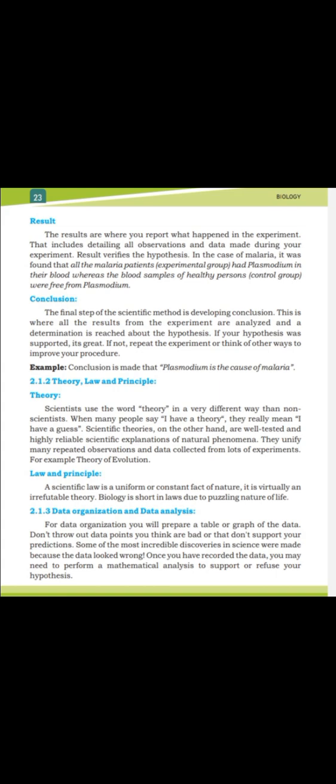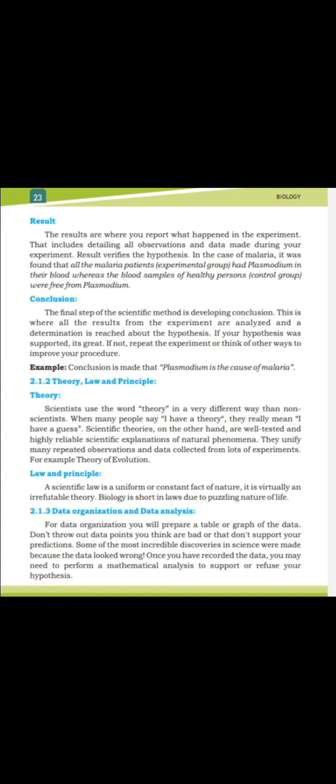conclusion is made. This is where all the results from the experiments are analyzed and a determination is reached about the hypothesis. And if your hypothesis was supported, it's great. If not, repeat the experiment or think of other ways to improve your procedure.